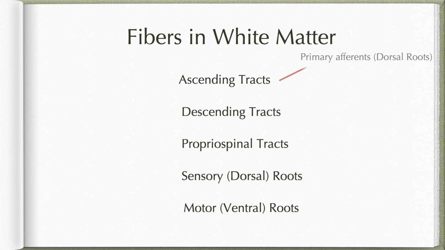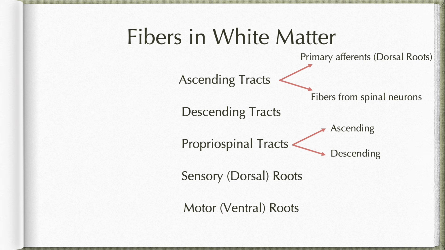Ascending tracts are either made up of primary afferents, that is the fibers coming from the dorsal root itself, as in case of dorsal column, or they may be made up of fibers from the spinal neurons, which is the case with all other ascending tracts. Propriospinal tracts again can be ascending or descending.